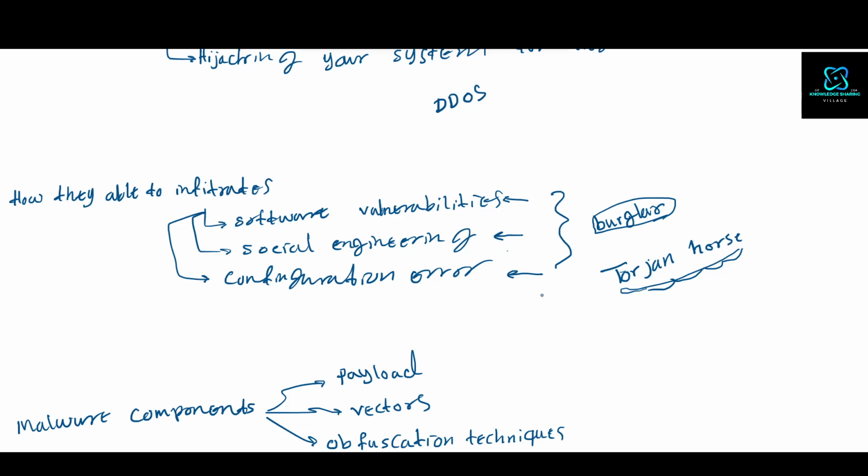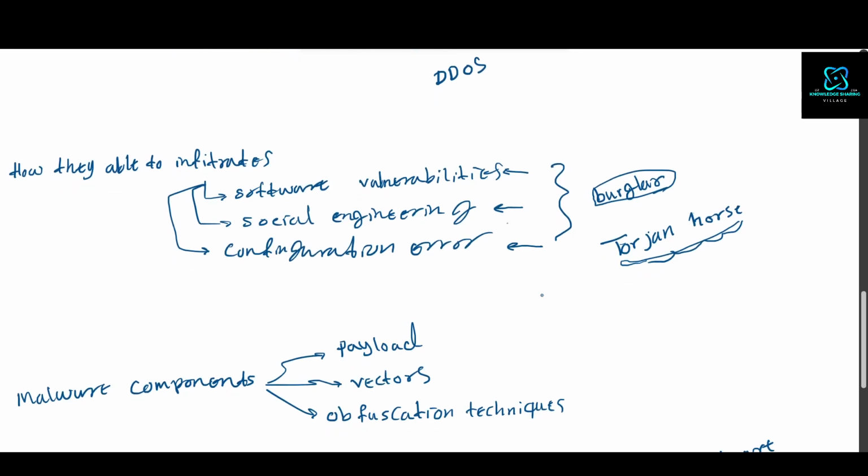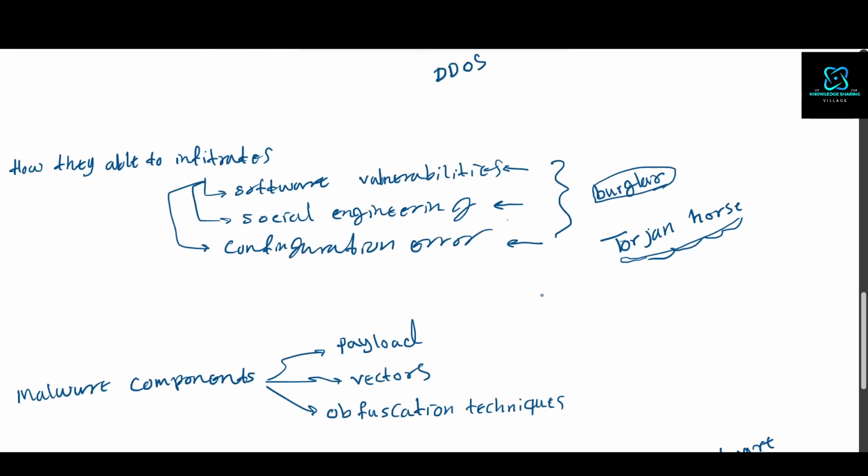And we are also going to learn about malware components, independent of which type of malware we are talking about. All of them have these three key components, but the content of the component and the functionality depends on which type of malware we are talking about.